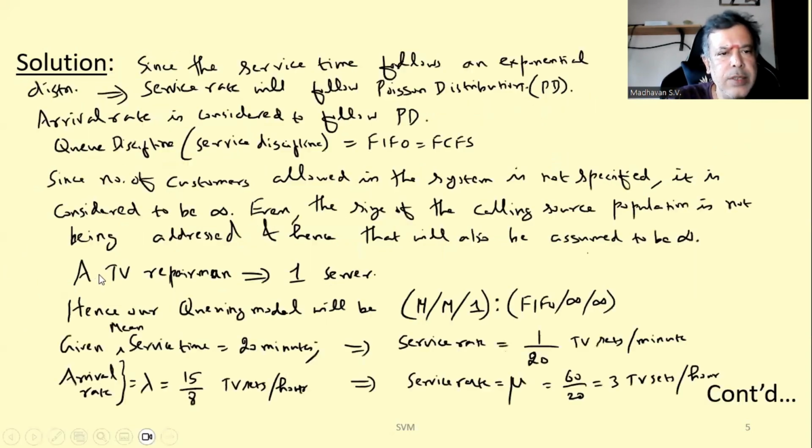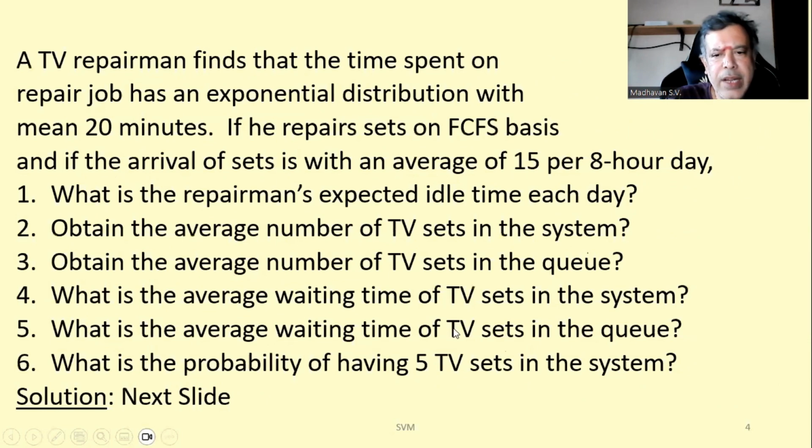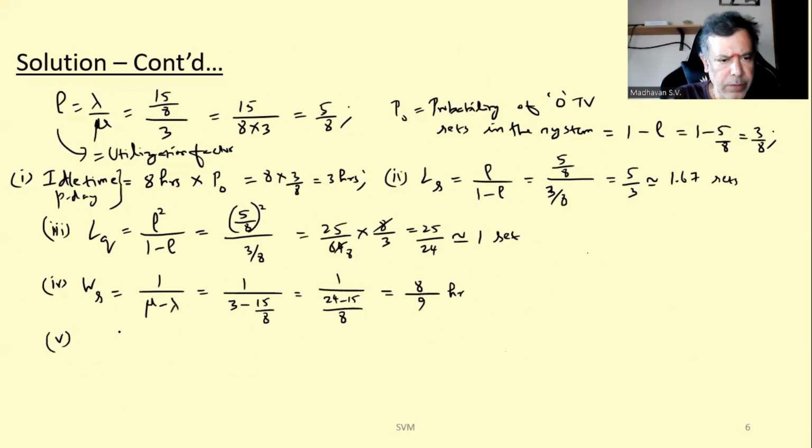Next, fifth question is, what is the average waiting time of TV sets in the queue? We need to find out WQ, and that will be rho divided by mu minus lambda. Rho is 5 divided by 8, and this is 3 minus 15 by 8.